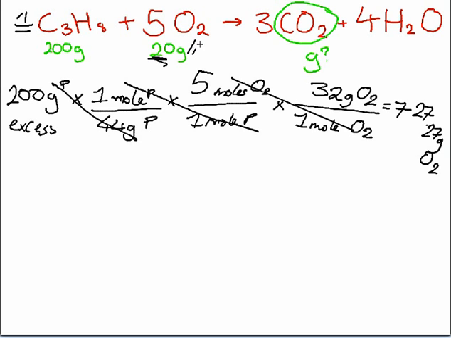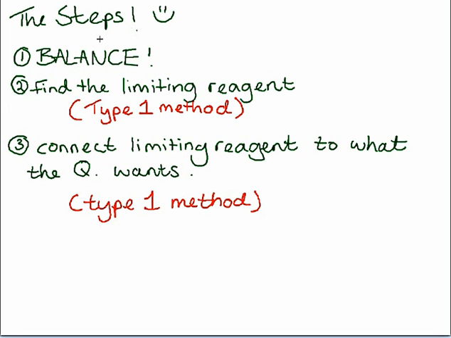Okay, so we found the limiting reagent. It's oxygen gas. So we did the second step using the type 1 method. We've done the first step, we balanced it out, and we found the limiting reagent using the type 1 method.